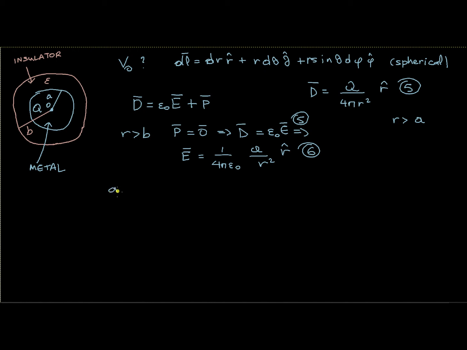Now when r is greater than a but less than b, I do have polarization, and this expression, the definition of the electric displacement, is still valid. In this case, I cannot make the claim that polarization is 0.